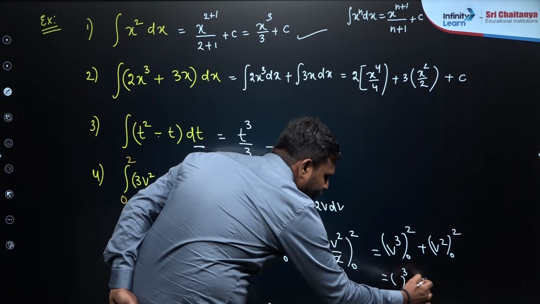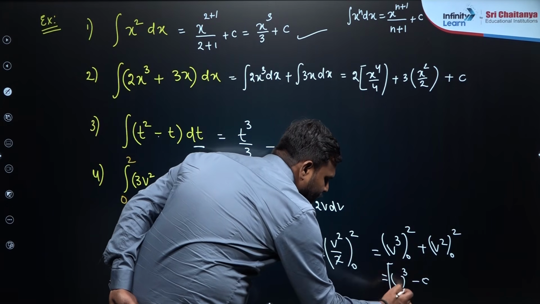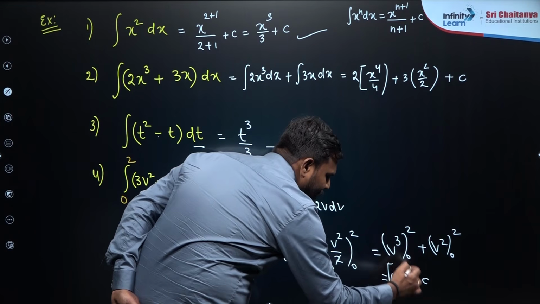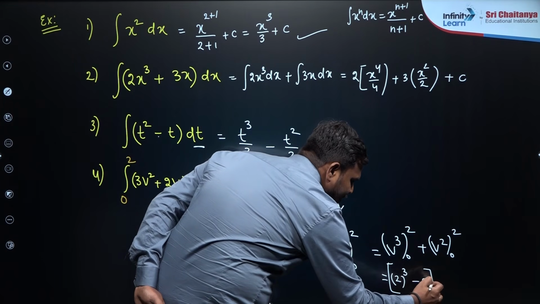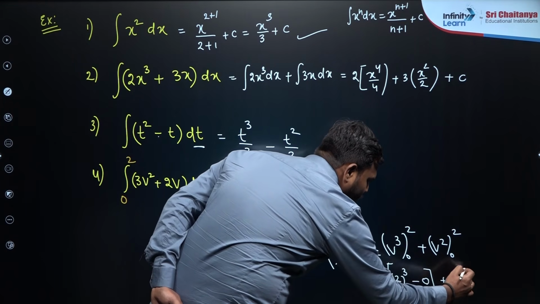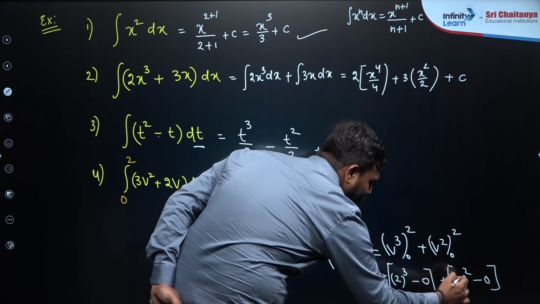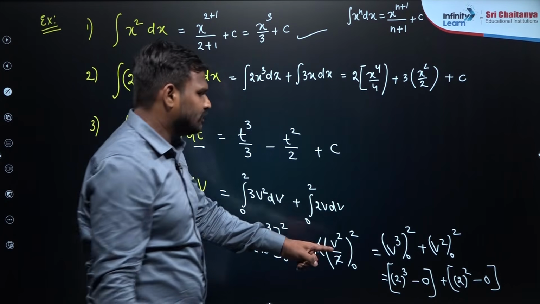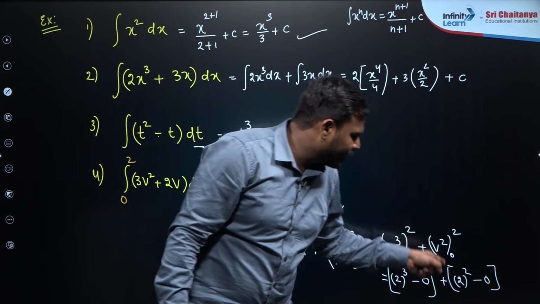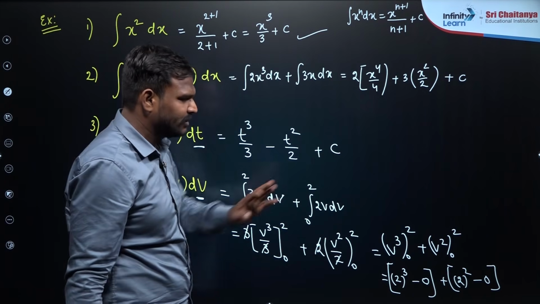So that is v cube upper limit minus lower limit, plus again v square minus 0. Upper limit is 2. So like this, first upper limit minus lower limit, again upper limit minus lower limit, whatever the function is there.